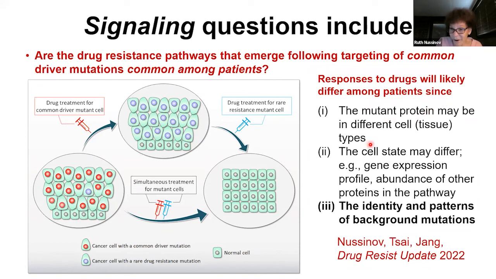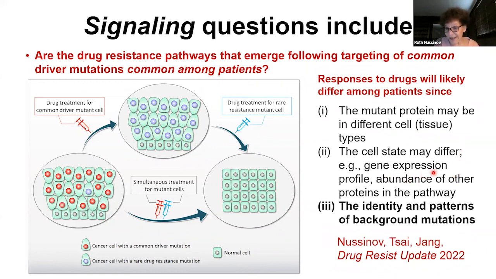And this is because the mutant protein may be in different cell or tissue types, suggesting, again, think of chromatin, the expression level of that particular mutant would be different, and of other proteins in the pathway would be different. The cell state may differ, that's to say, developmental state, for example.